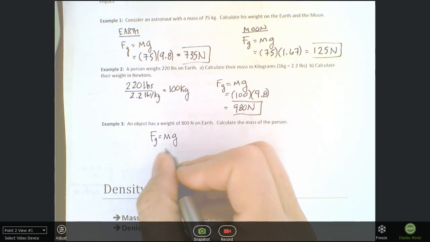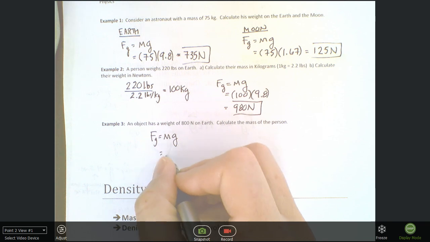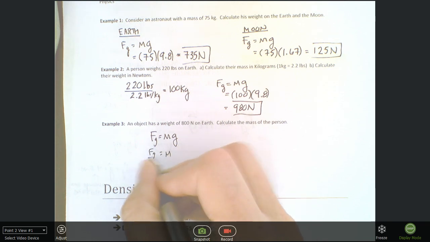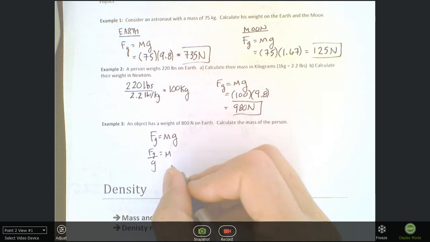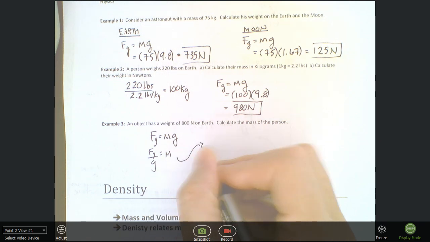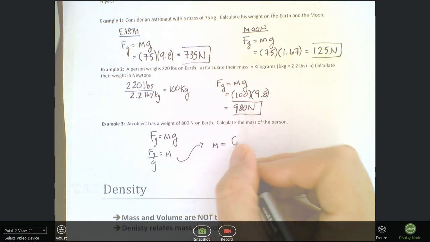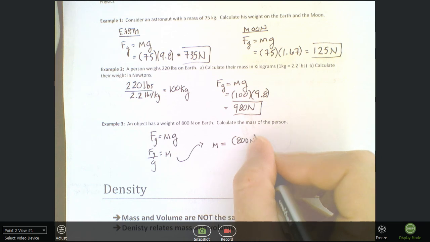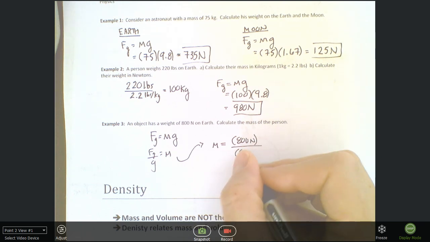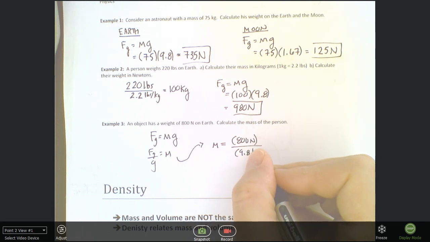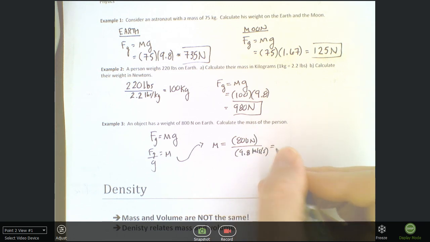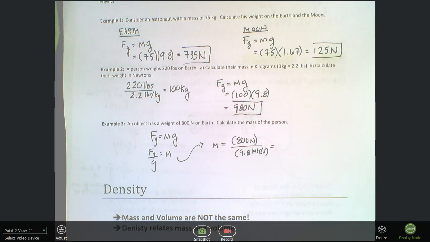So in this case, we're just isolating for m. So it's the force of gravity over g. And so m, the force of gravity is 800 newtons over 9.8 meters per second per second. And the units make sense because a newton is a kilogram meter per second per second.